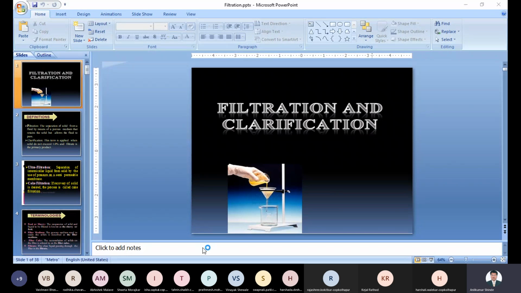Understood? So this is a simple procedure that we have seen in the laboratory. The beaker is there, containing solutions or syrups, maybe mixtures, any type of formulation. If you want to filter it, we can take a funnel. The funnel assists the filtration, and inside it is a filter paper.